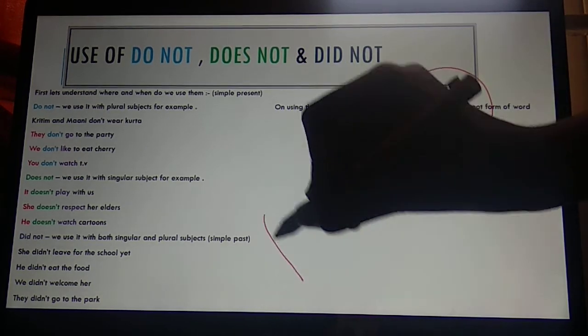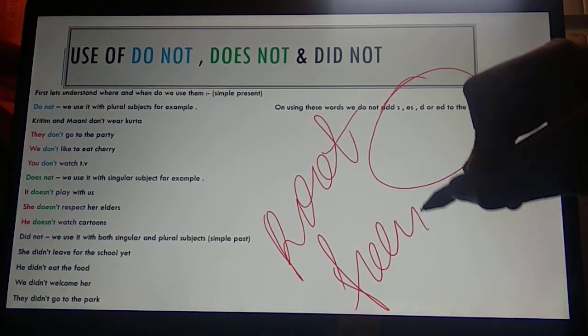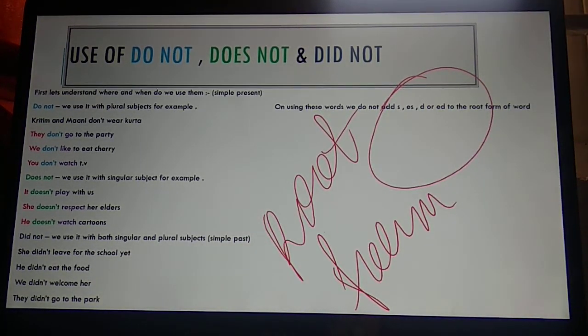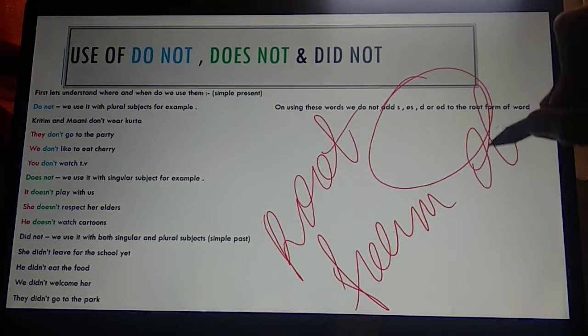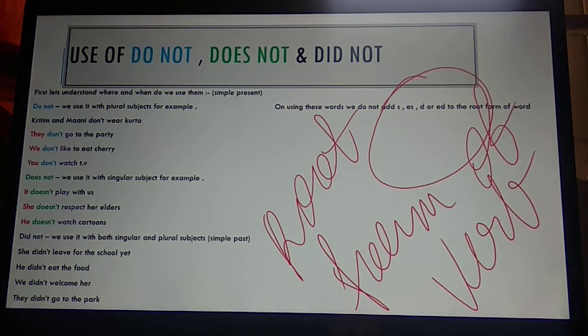Root form of verb remains as it is. The root form of verb will only come whenever we use these helping verbs in sentences. We are not going to add any letter beside the root form of verb.